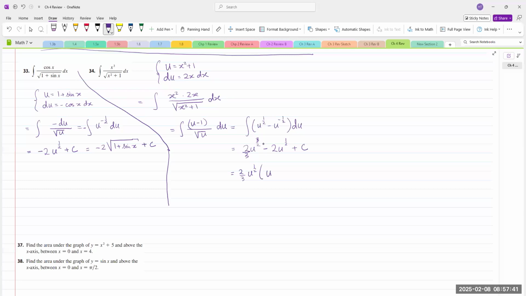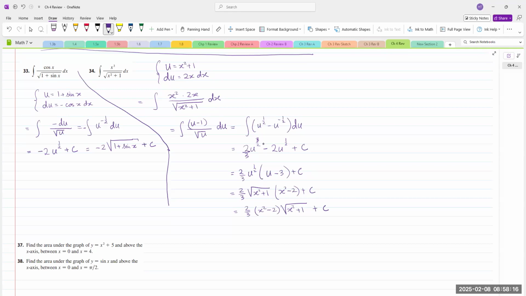So I get u minus 3 plus constant. And what is my u again? That's the square root of x squared plus 1, and this will be times x squared plus 1 minus 3. Let me write it a better way: 2 over 3 x squared minus 2 square root of x squared plus 1 plus constant.